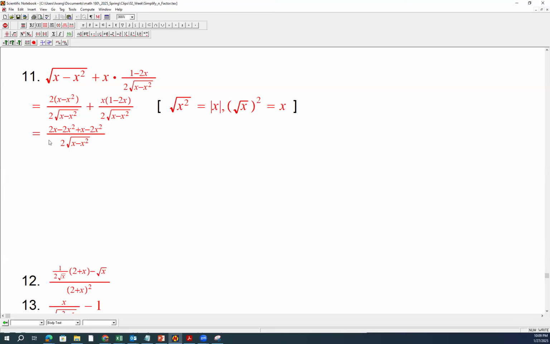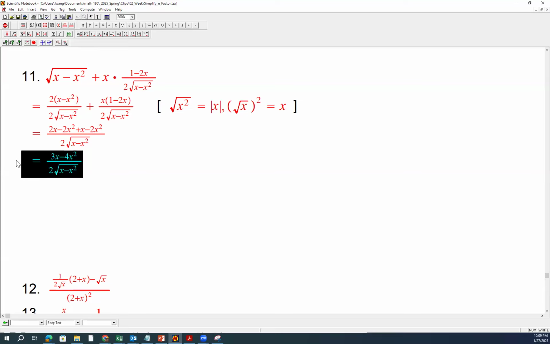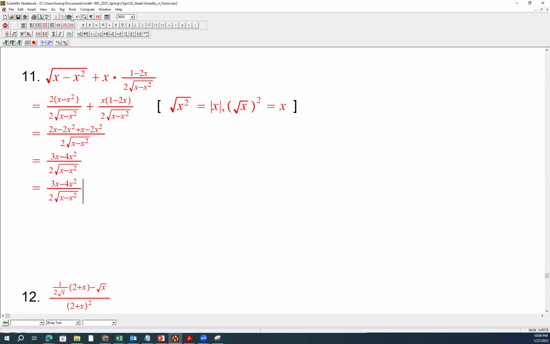Do we have any cancellation? It looks like not. So we got minus 4x squared, and this is just 3x. Factored form: we can factor out the x. We can factor out an x here, and x is factored out there. Factored form, okay? So this to reduce.